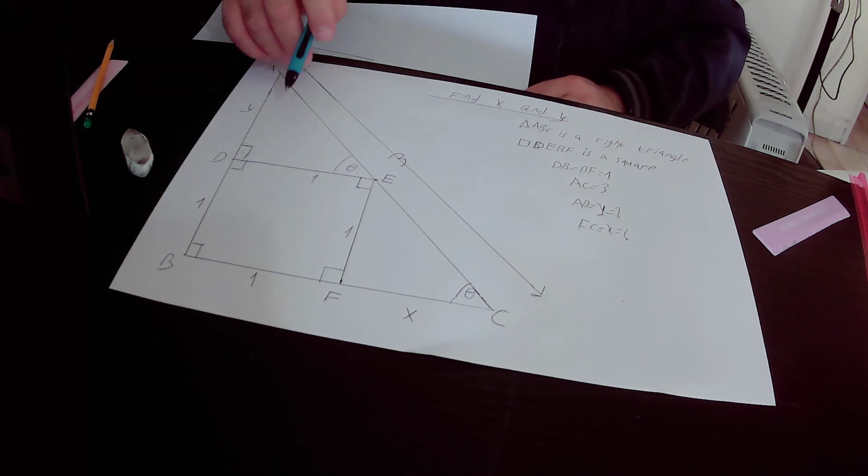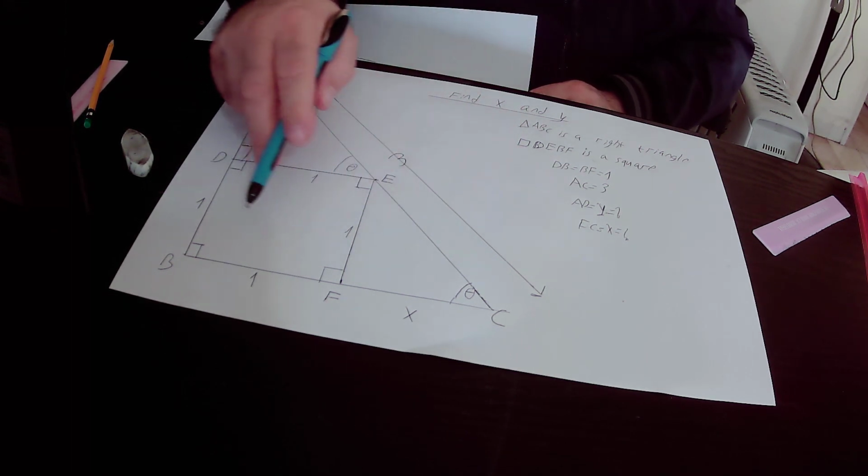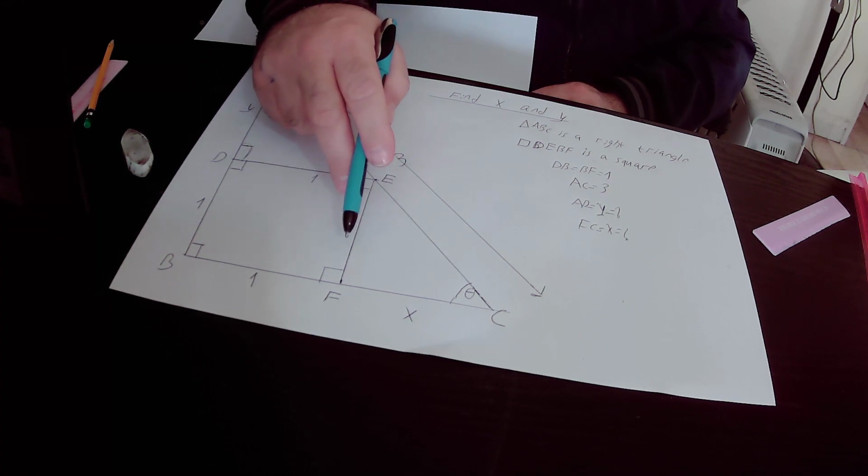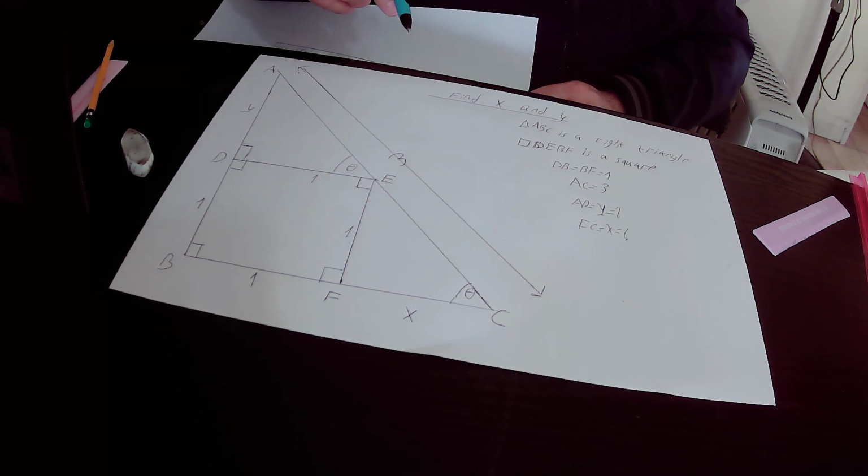And if we focus on the upper side of the straight line BC at point F, then the sum of the angles must be equal to 180 degrees according to rule number 2.